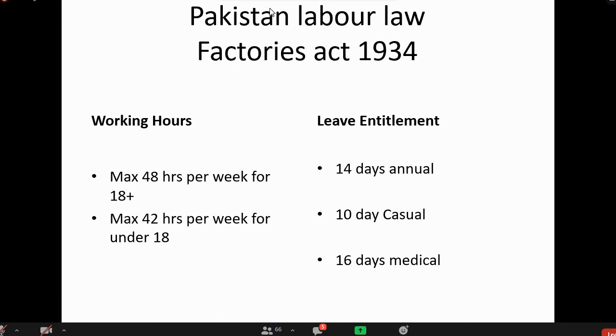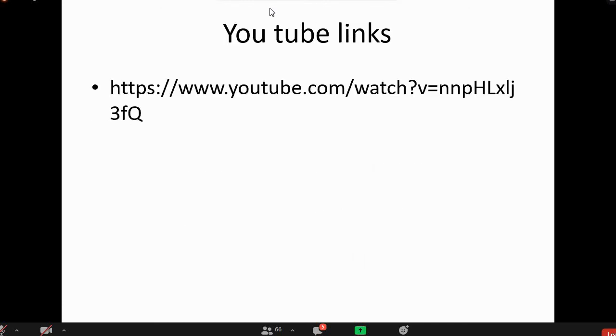So it's 16 to 18 who can work 42 hours and have to do it in the mornings. You have to have 14 days annual leave, 10 days casual leave, and 16 days medical leave. But if it is not being implemented, anybody and everybody can go and report.